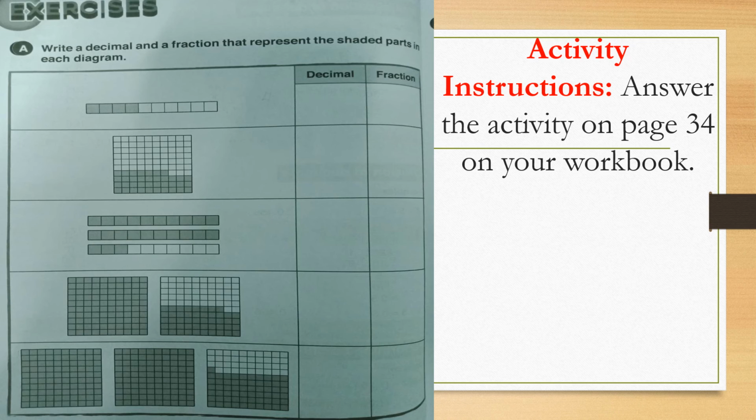How many columns do we have here in number 1? 1, 2, 3, 4, 5, 6, 7, 8, 9, 10 columns, right? So in fraction first, let's write 10 columns or 10 boxes. And then how many shaded boxes? We have 1, 2, 3, 4.